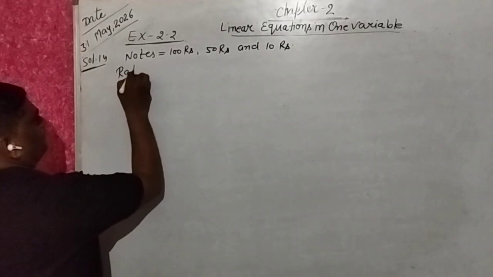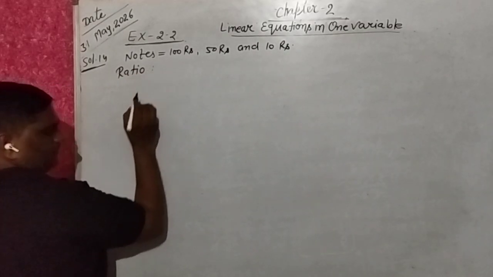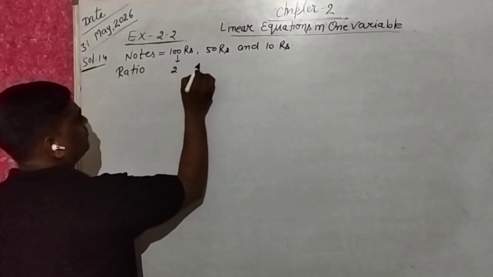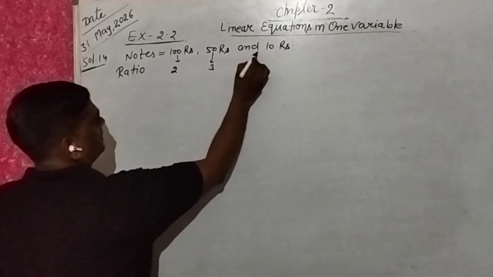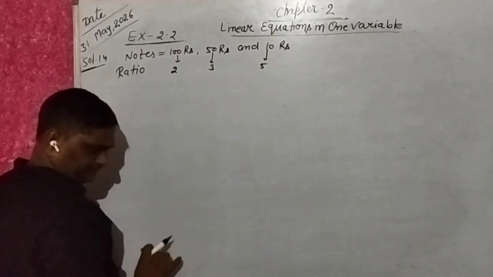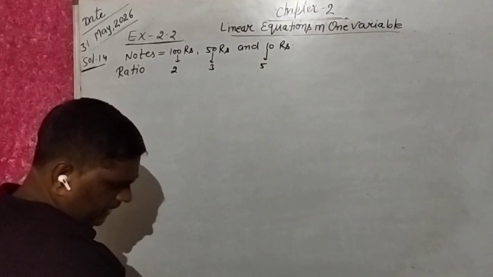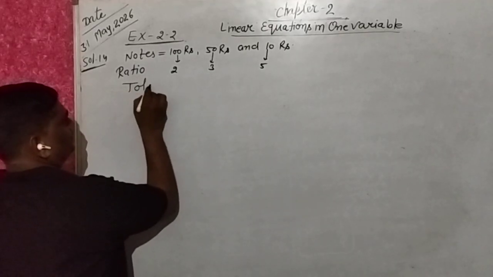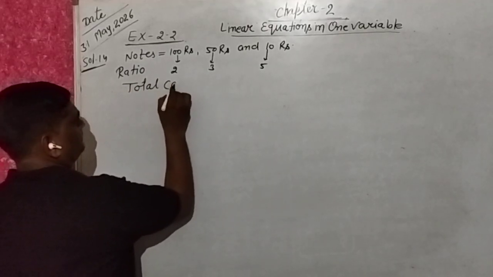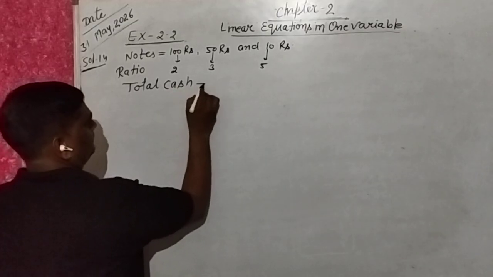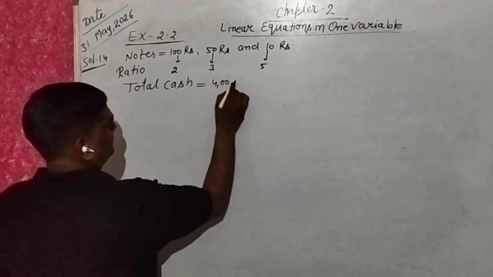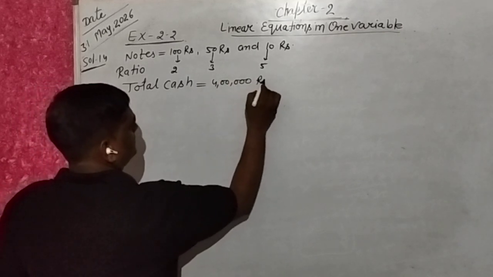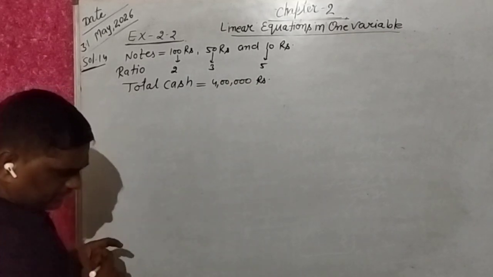The notes ratio is 2, 3 and 5. The total cash is 4 lakh rupees.